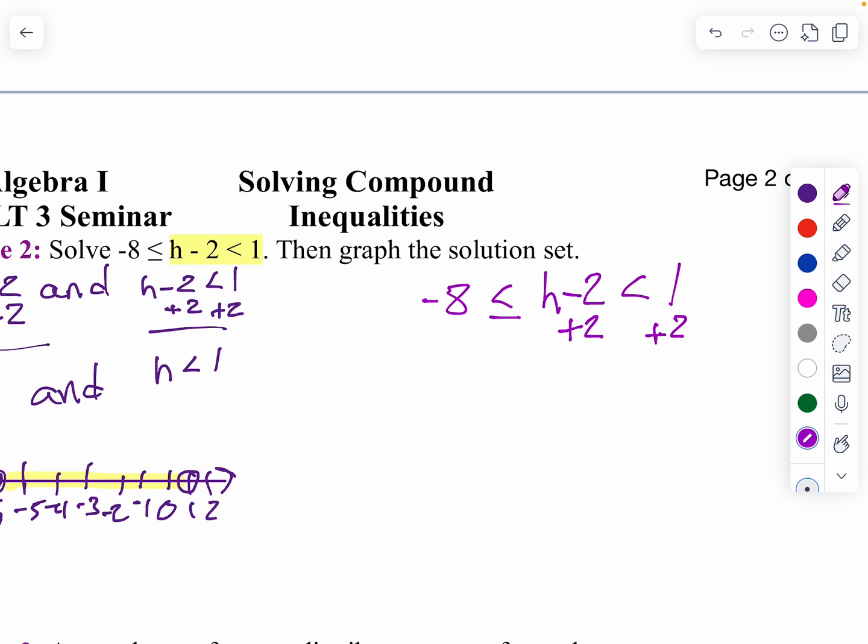and I just noticed I messed up in the last one, didn't I? Because 1 plus 2 is not 1. 1 plus 2 is 3. So I should have been out here at 3.